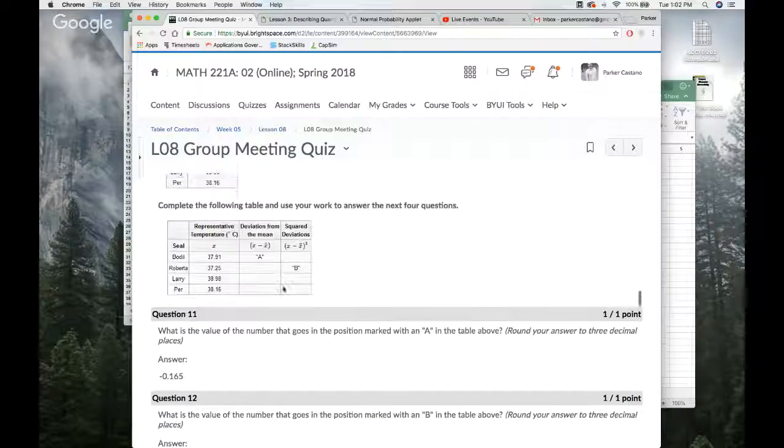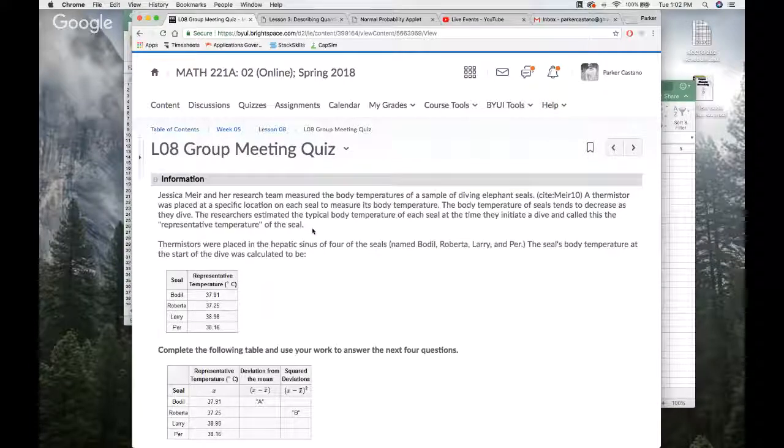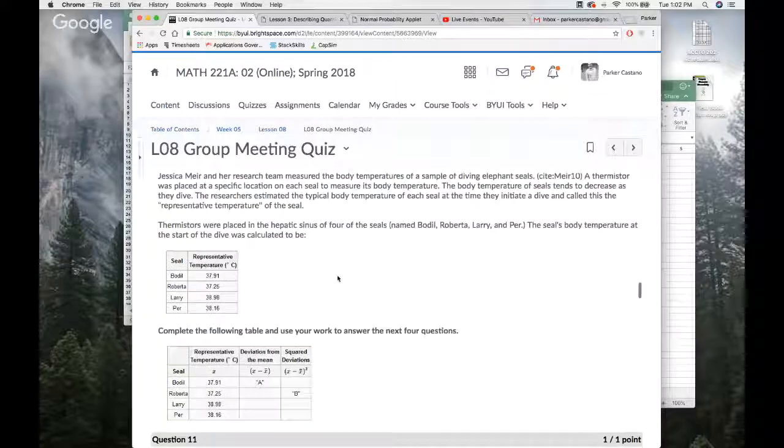I have a hard time with these Greek symbols. Okay, I get where the X is, but the deviation from the mean, where's that information? In the story problem? Did I miss it? I'm looking back at it and I'm not seeing it. Okay, hold on.